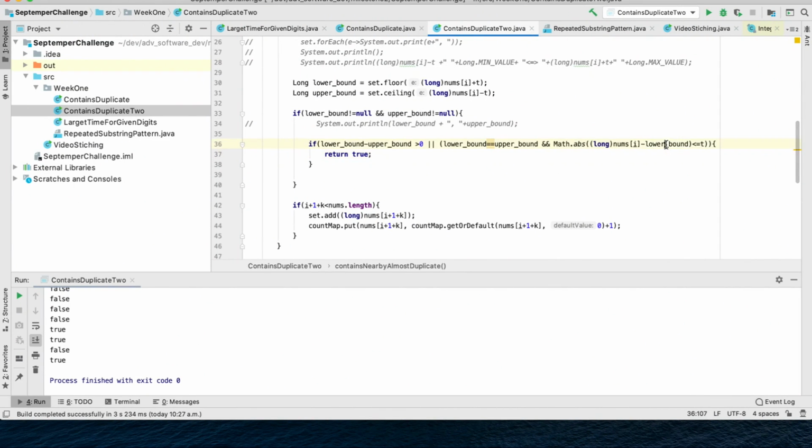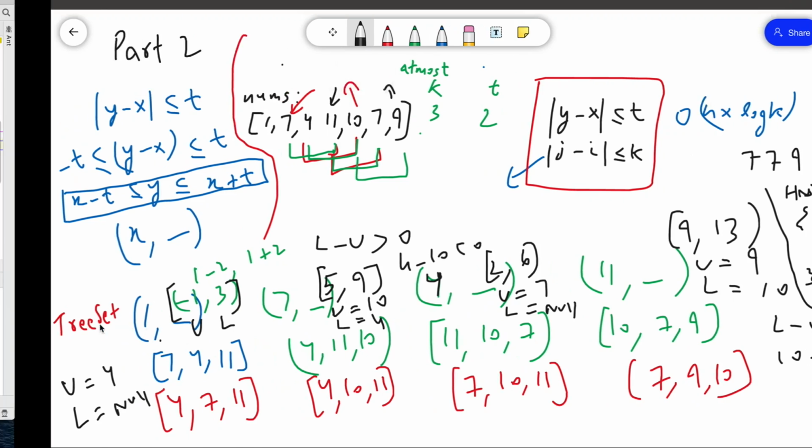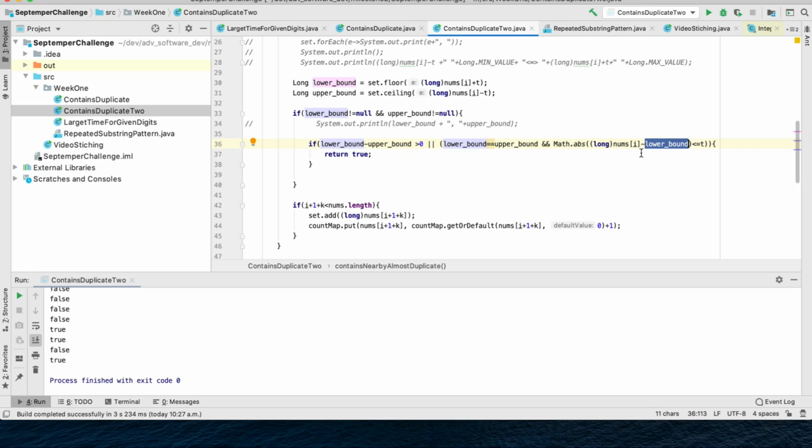Lower bound will be our next number. I'm checking whether the next number of our pair satisfies the condition with the existing number in our pair. So I'm taking the absolute value of the difference of nums[i] minus lower bound and checking whether it is less than or equal to t. If it is, then I'm returning true.